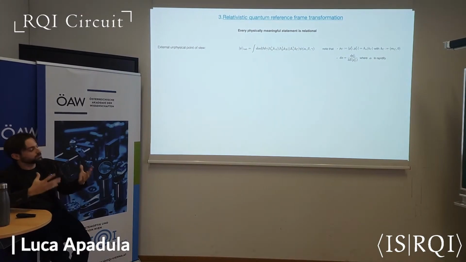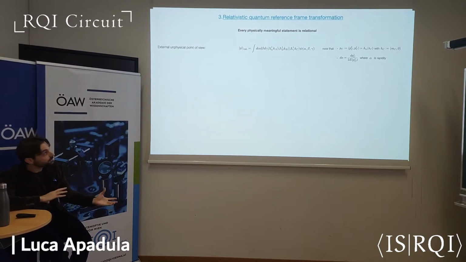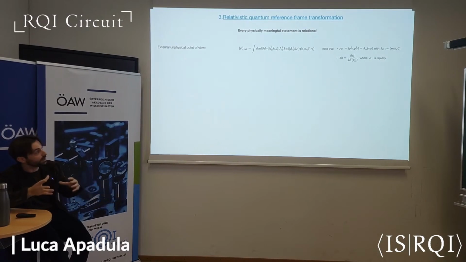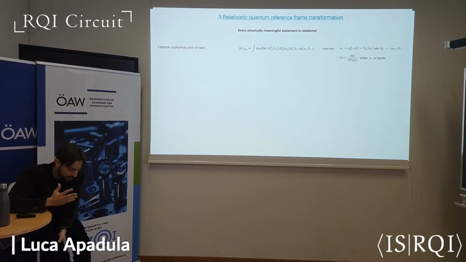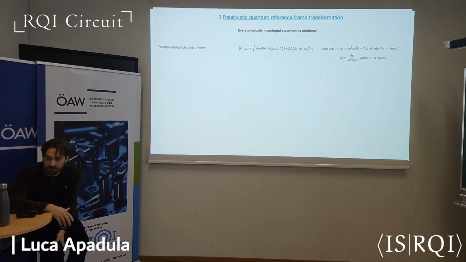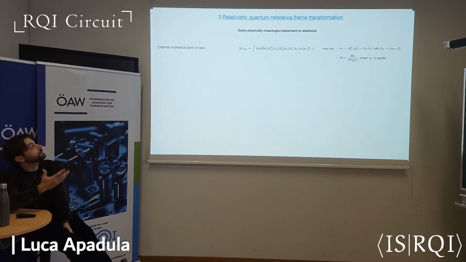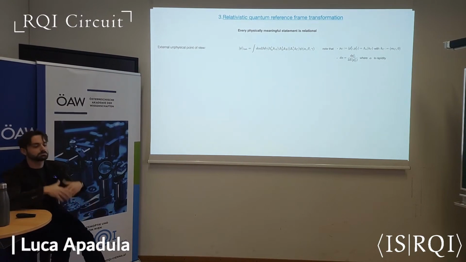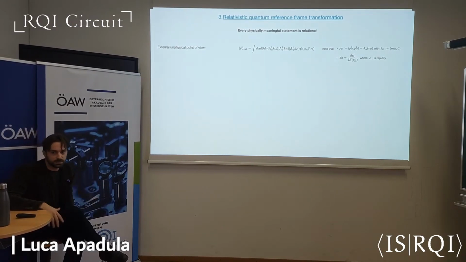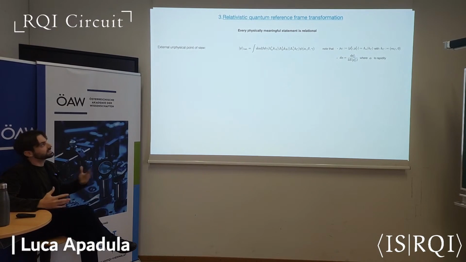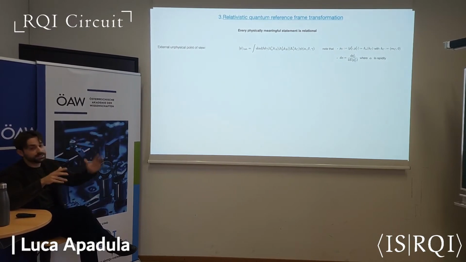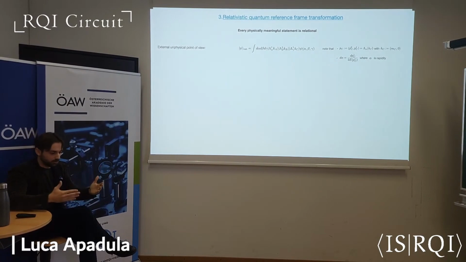And now in this slide I will briefly explain how we build this prescription to jump from one relativistic reference frame to another. We have to keep in mind that one mantra of quantum reference frames is that every physically meaningful statement is relational. So in a very simplified example, I give you a state describing my physical landscape, free particles, and this is given according to one Lorentz perspective.